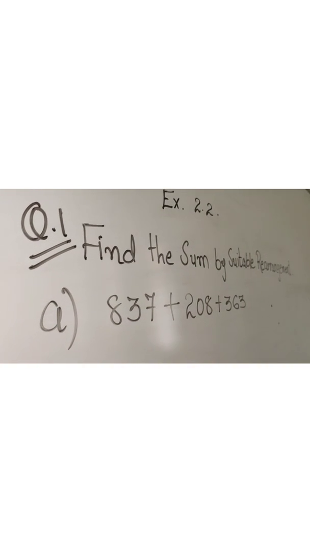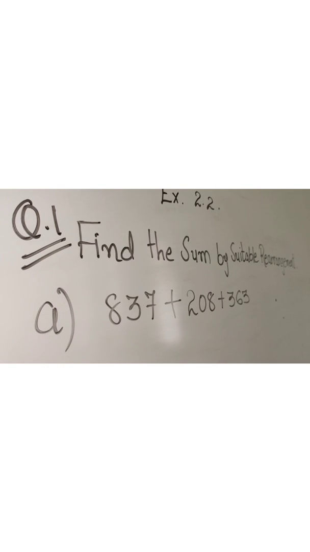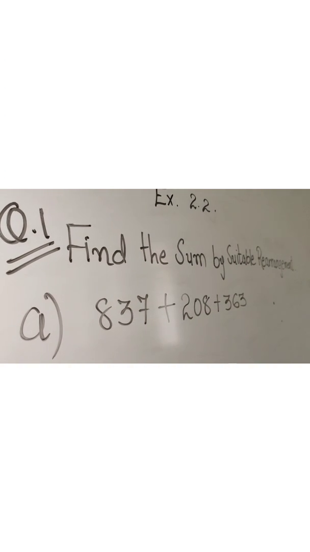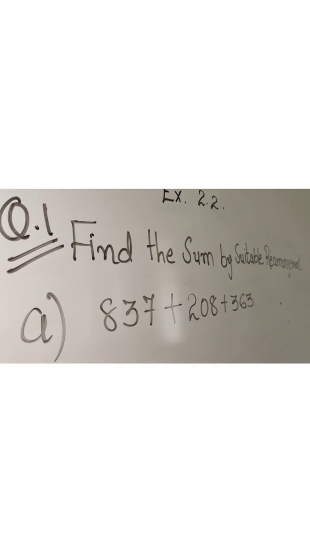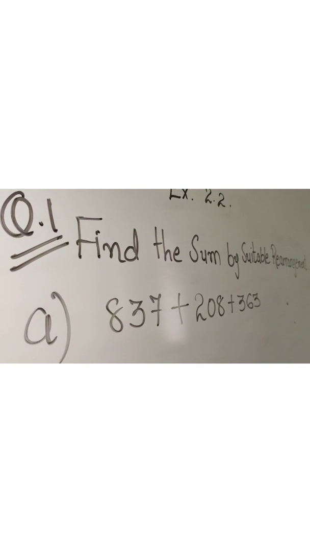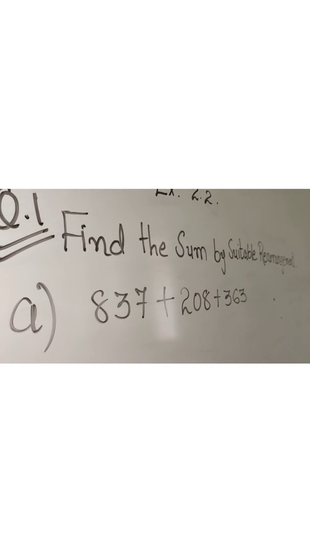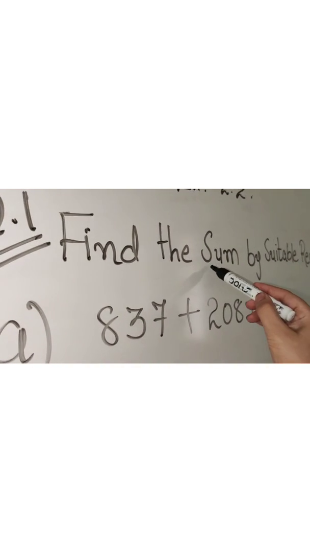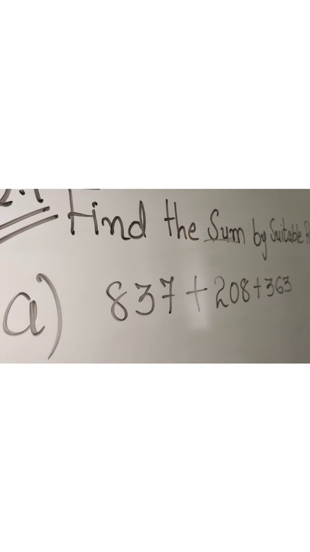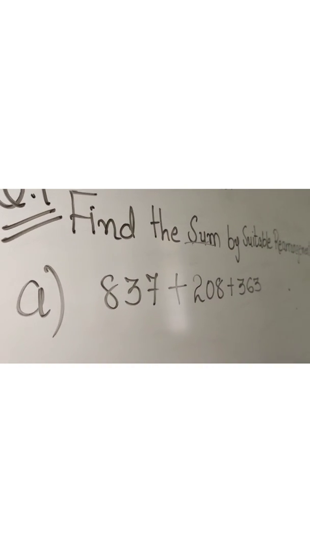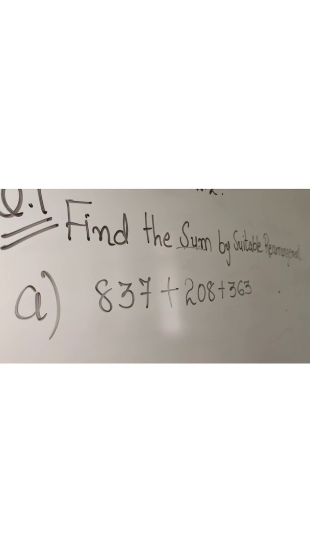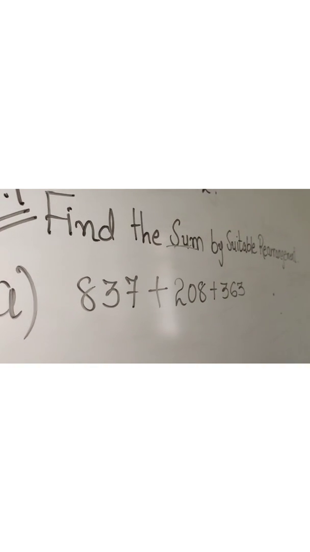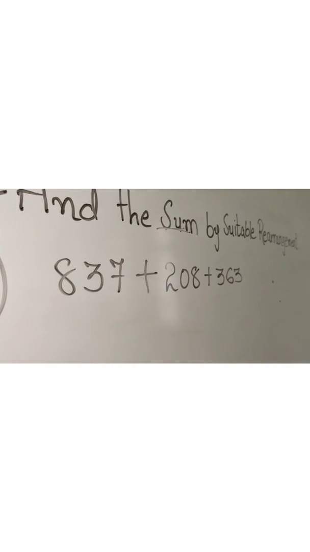Now let's begin with exercise 2.2, question 1. What's that? First we need to read the question. What is the question? Find the sum. Sum means what? Sum is the answer of addition. Find the sum by suitable rearrangement.